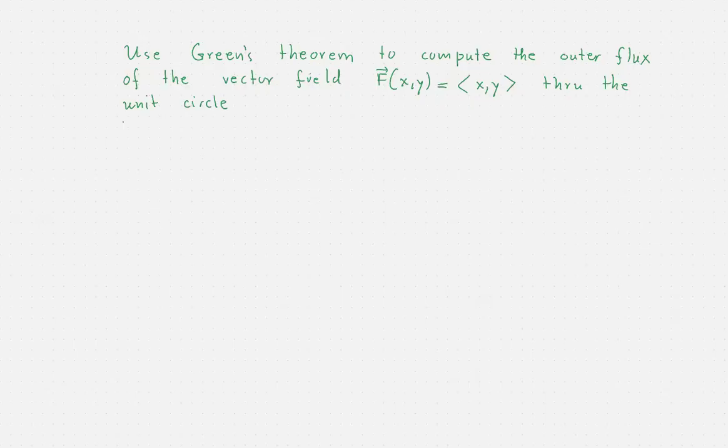So the traditional Green's theorem that we have already seen says that if we have a vector line integral over the boundary of a domain, and here we suppose that we have a closed simple curve that defines the domain, then that's equal to the double integral of the quantity Q sub x minus P sub y dA over the interior of the domain.